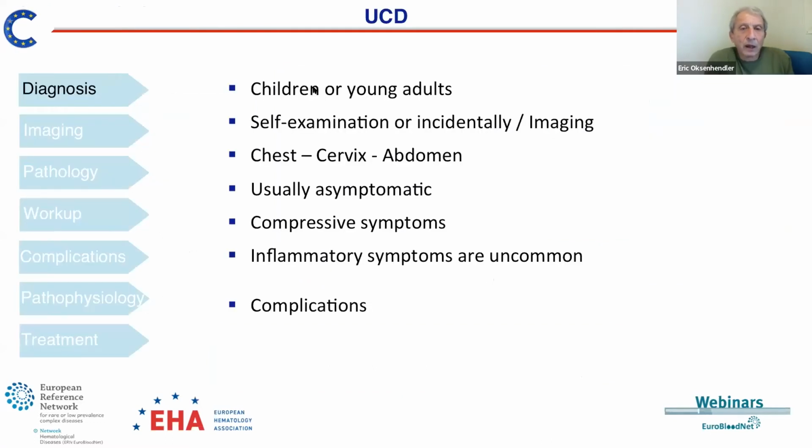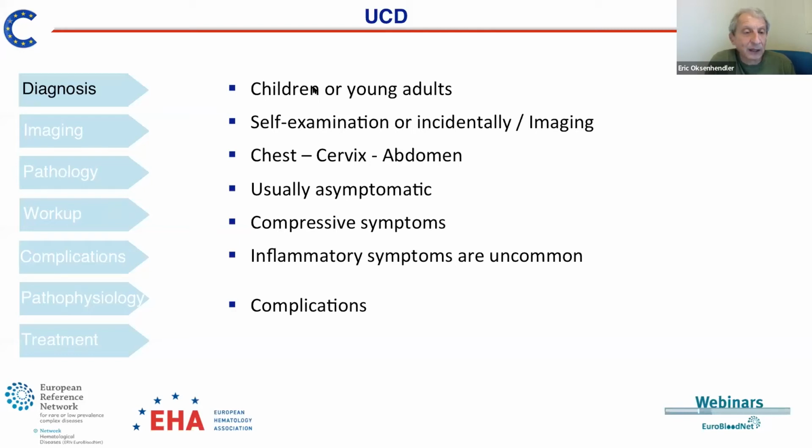So let's go now to the diagnosis. UCD is usually observed in young adults, but also in children. It could be diagnosed by self-examination or incidentally using imaging performed for another purpose.